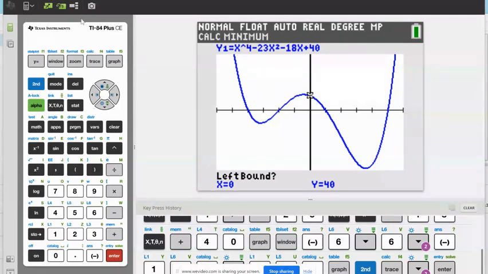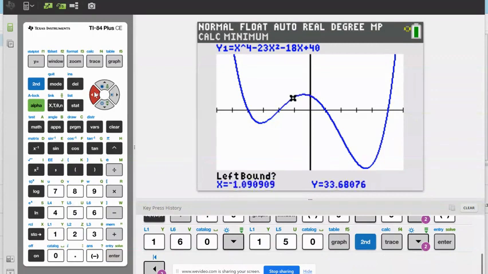So I'm going to move my cursor to the left. Do we all agree that's somewhere to the left of that lower bound? You want to be pretty close to it, but to the left of it. All right, and then once your cursor is to the left of it, you're going to press enter.